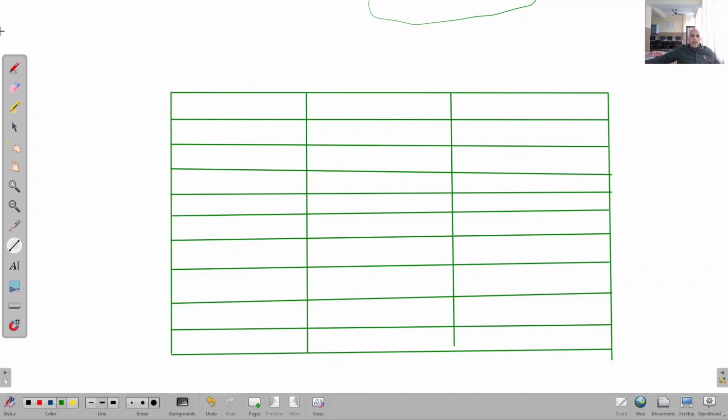So this is compartment number 1, this is compartment number 2, this is compartment number 3. Clear? So now we have 4 distinguishable particles.